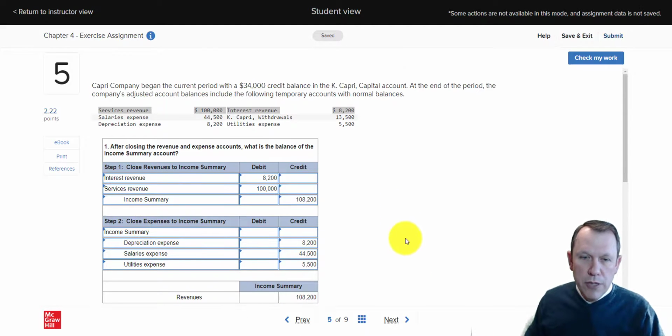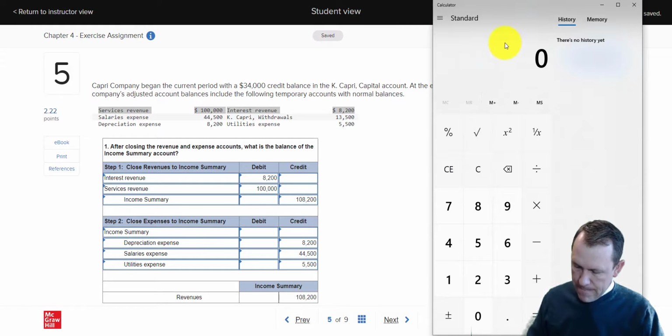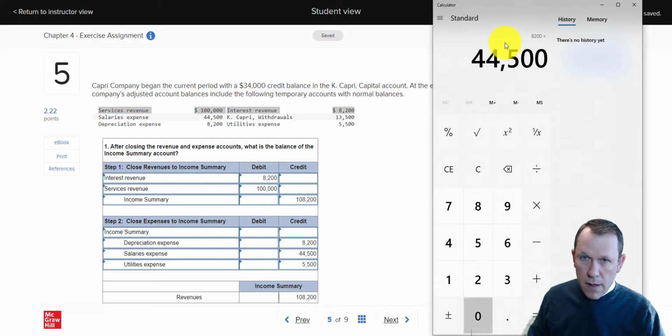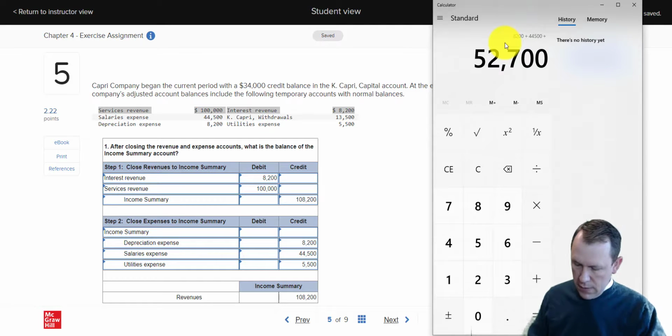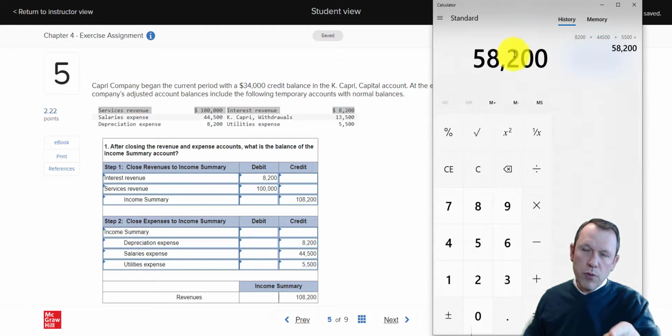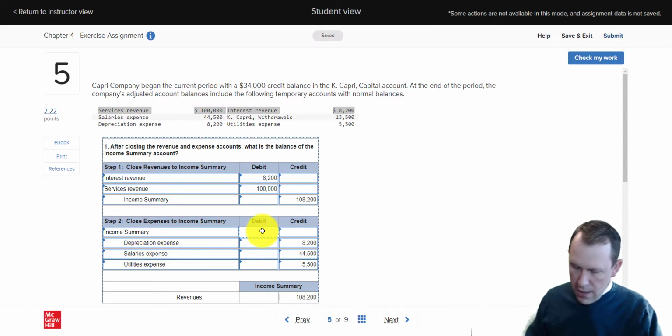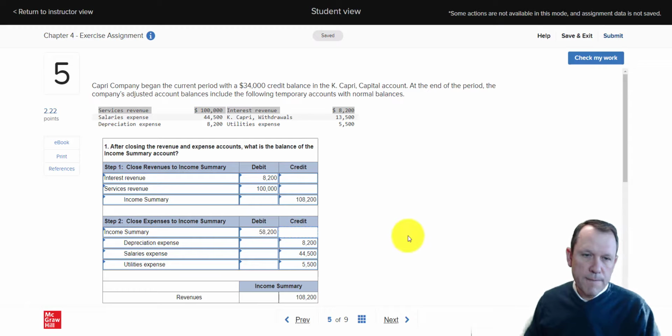And really what we need to do now is add these up, and as we close them all, we're going to zero all those expense accounts out, but then we're going to keep this total 58,200. We're going to put it in the income summary.